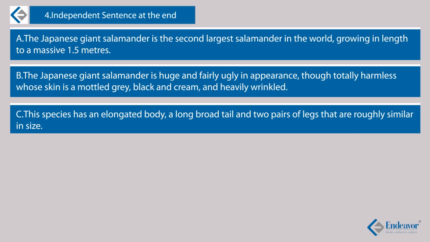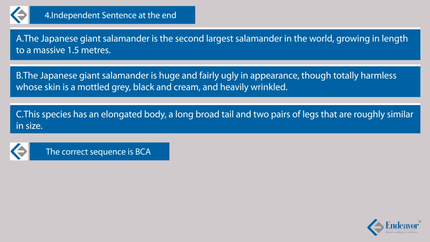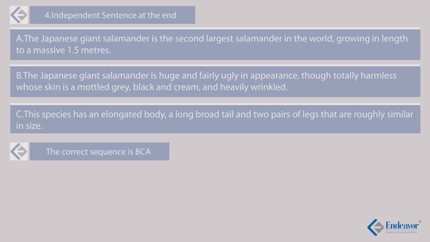Hence, it doesn't talk about the external appearance of the salamander, hence it's an independent sentence. So, we can position this sentence at the end of the paragraph. The rearrangement would be B, C, A.